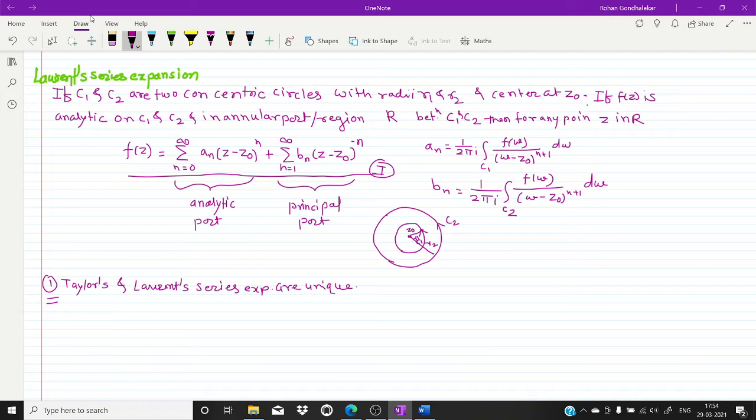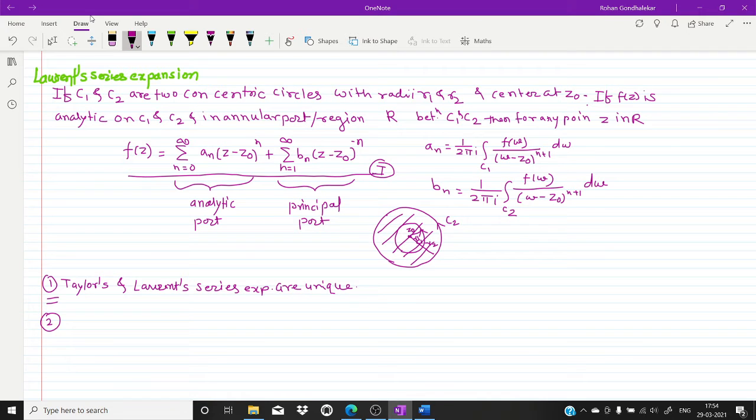One more point I would like to mention. If f of z is analytic inside C2, then the Laurent series reduces to the Taylor series. See, the given function f of z is completely analytic inside C2, over this entire region.